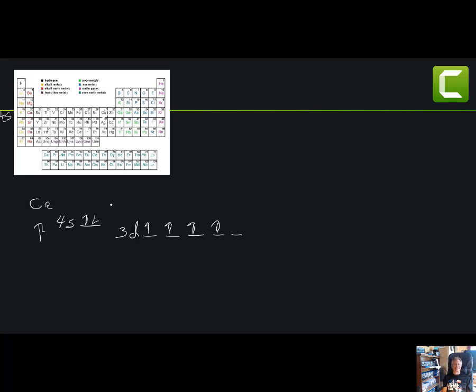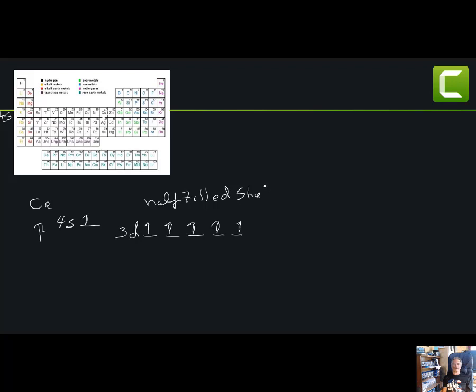And so instead of having 4s2 3d4, which is what you would think, this electron that was in the higher energy 4s orbital is actually going to move down, dropping into this fifth 3d orbital to give us what we see as a half-filled shell. And what do we know about half-filled shells?